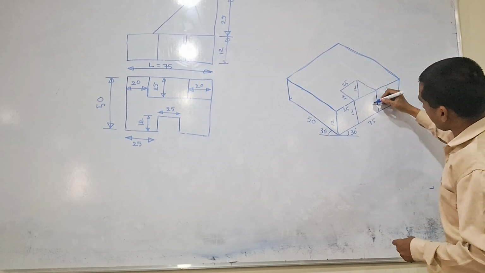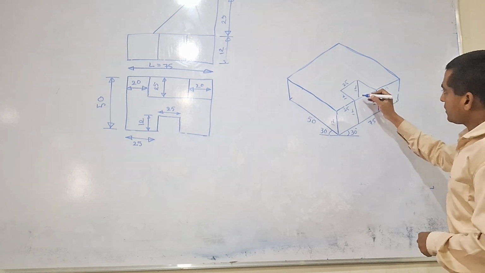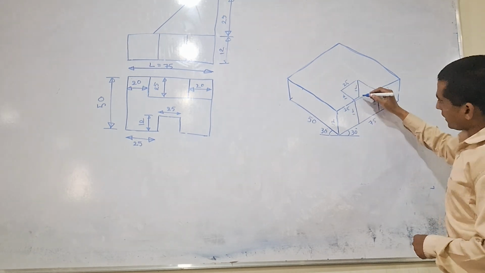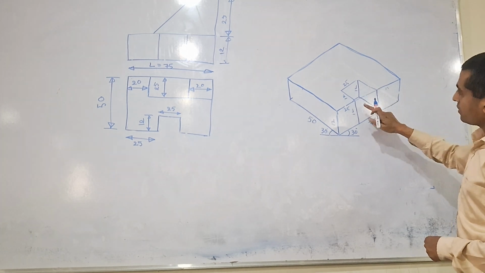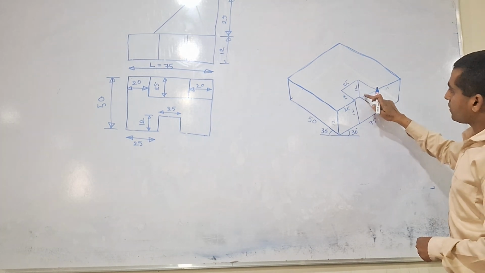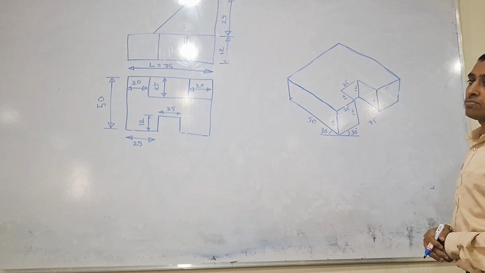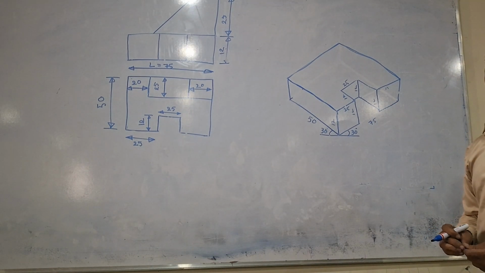Then parallel to this one I will draw one line, parallel to this line one line. If we erase this one, you can see this is the material that is removed. Understood now?